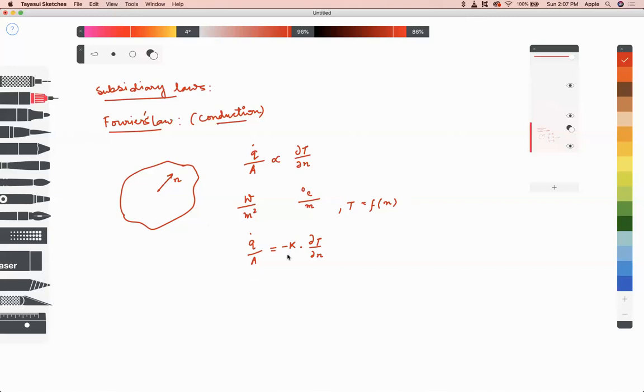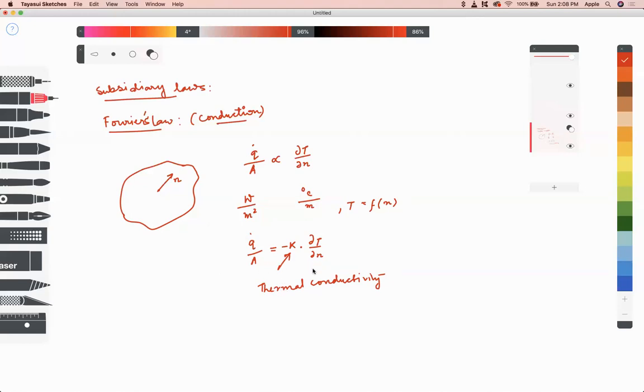Now what is this particular term k? It is a very important parameter. It is called your thermal conductivity. And what will be the unit of this thermal conductivity? This was watt per meter square, and this is degree Celsius per meter.